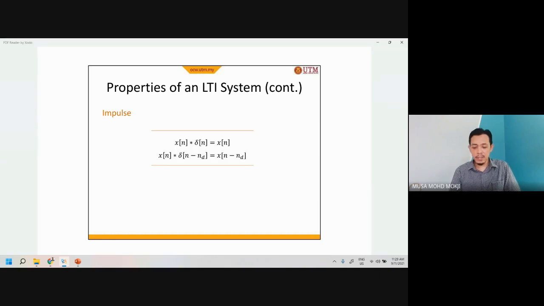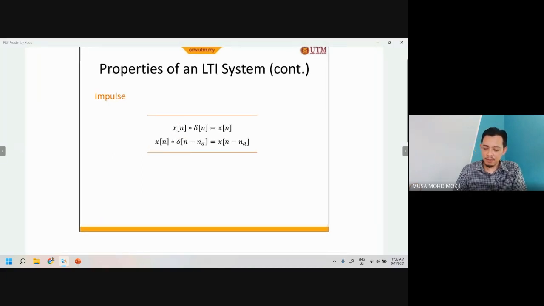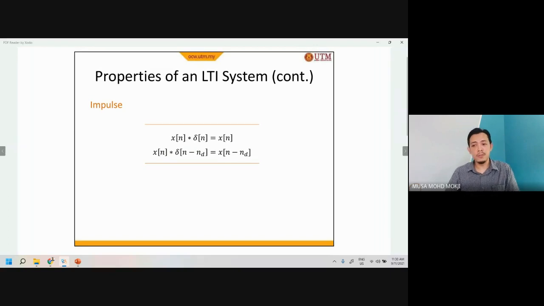But we are looking at another property here. So we call it impulse. So we have some rules here. If a signal or a system, okay, so when it is xn, now everyone needs to be very careful, because normally when it is xn, this is the input signal, unless otherwise stated that xn is not the input signal.